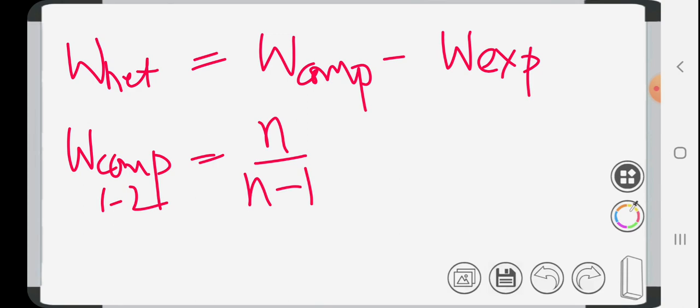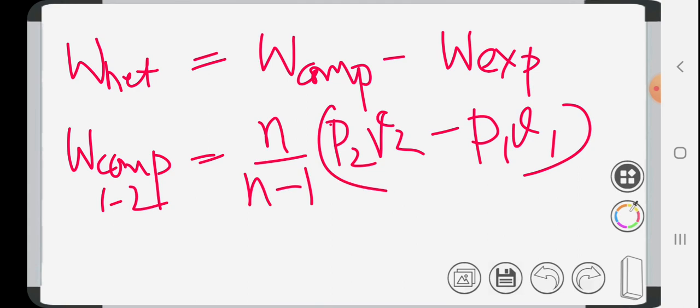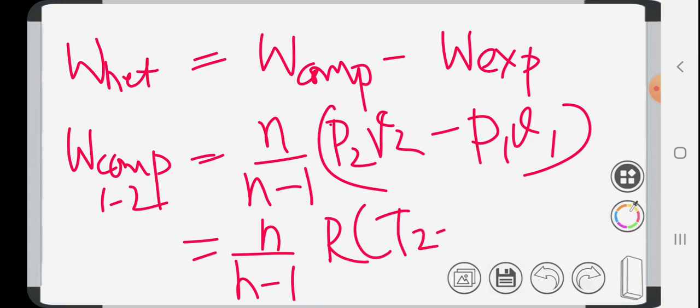Okay, it is P2 v2 minus P1 v1 times n by n minus 1, or you can write it as n by n minus 1 into R into T2 minus T1. Keep it as equation number 1.